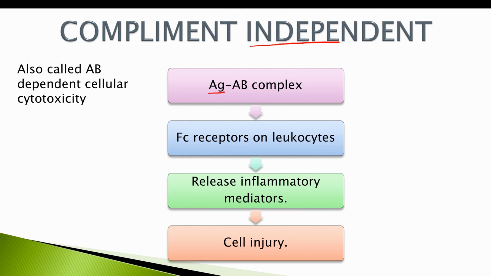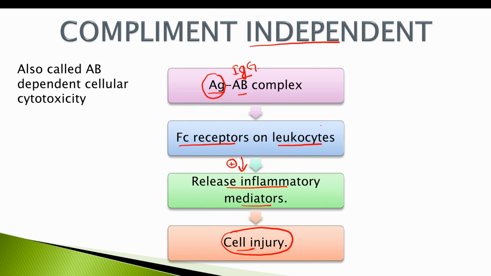So antigens are recognized by the IgG antibodies, which form antigen-antibody complexes. So leukocytes get attached to the Fc site of IgG antibodies by Fc receptors, and this activates the leukocytes, resulting in release of certain inflammatory mediators causing cell injury.